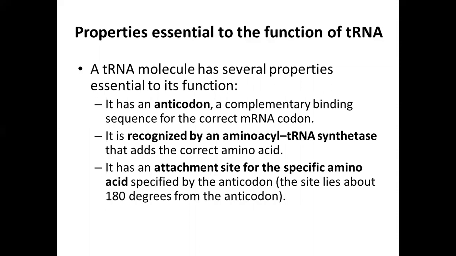And then it has an attachment site for the specific amino acid, which is specified by the anticodon. The other property is that it is recognized by the ribosome. So these four functions are very essential to the function of transfer RNA in the process of translation.